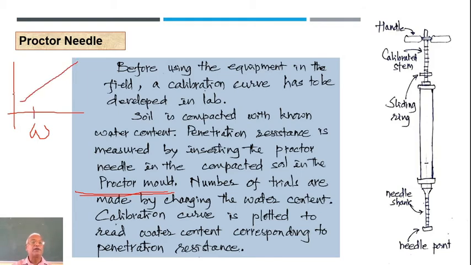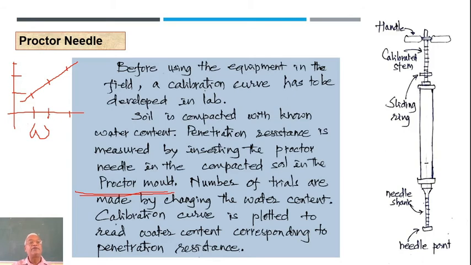More the water content, more the penetration, more the value of penetration resistance. So penetration will be more and more as you go on increasing the water content. That is what you should observe.